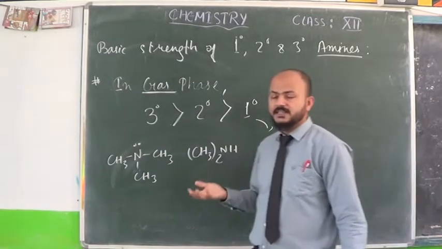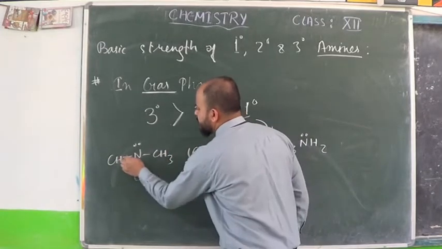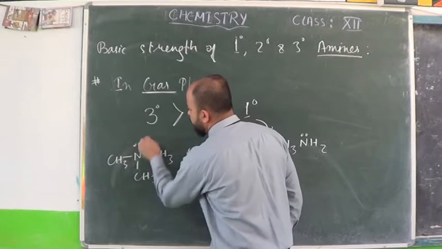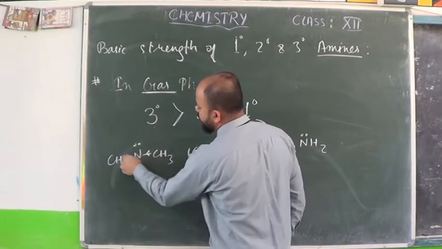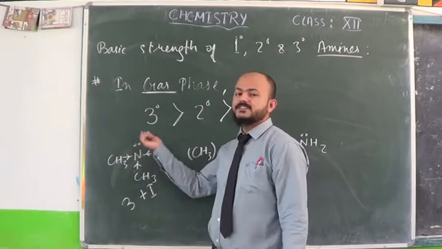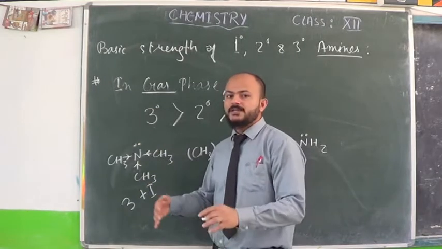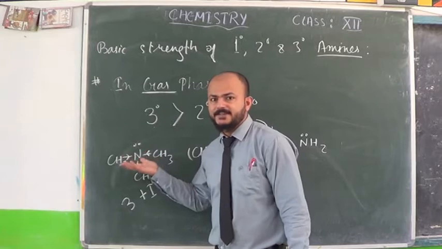Now this can be easily explained by taking the plus I effect of CH3 groups. In third degree you have three CH3 groups and they will be showing 3 plus I effect. That means the electron density over nitrogen will be the most because of 3 plus I effect.